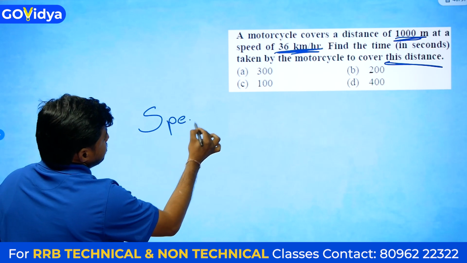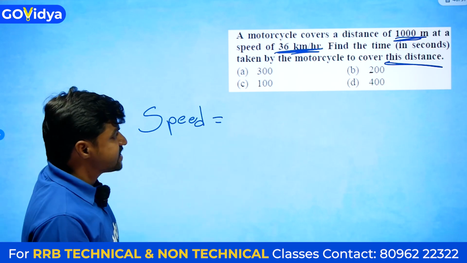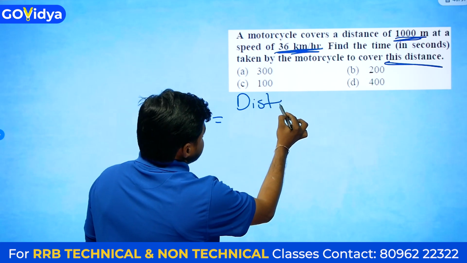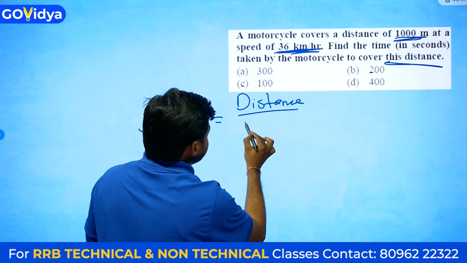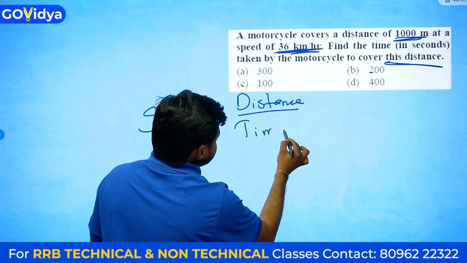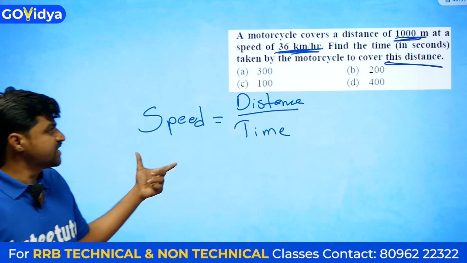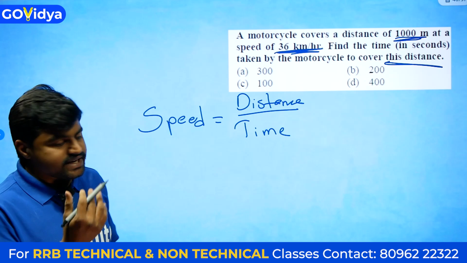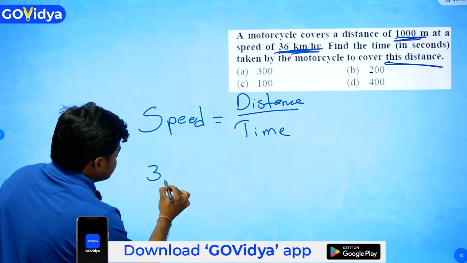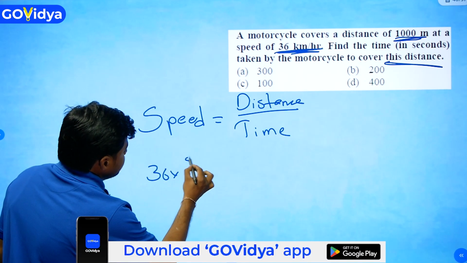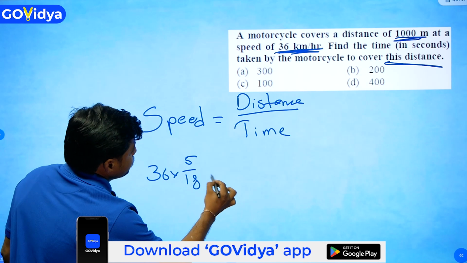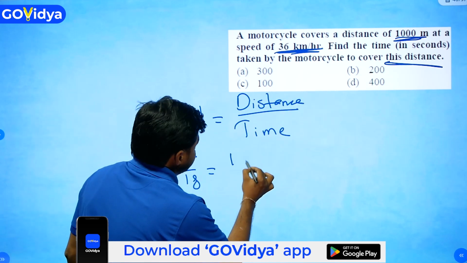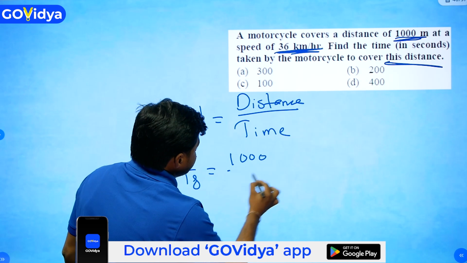Speed is equal to distance by time. Speed is given in terms of kilometer per hour. We have to convert into meter per second. 36 into 5 by 18 is equal to, distance is given 1000 meters, 1000 meters by time, we have to find time.